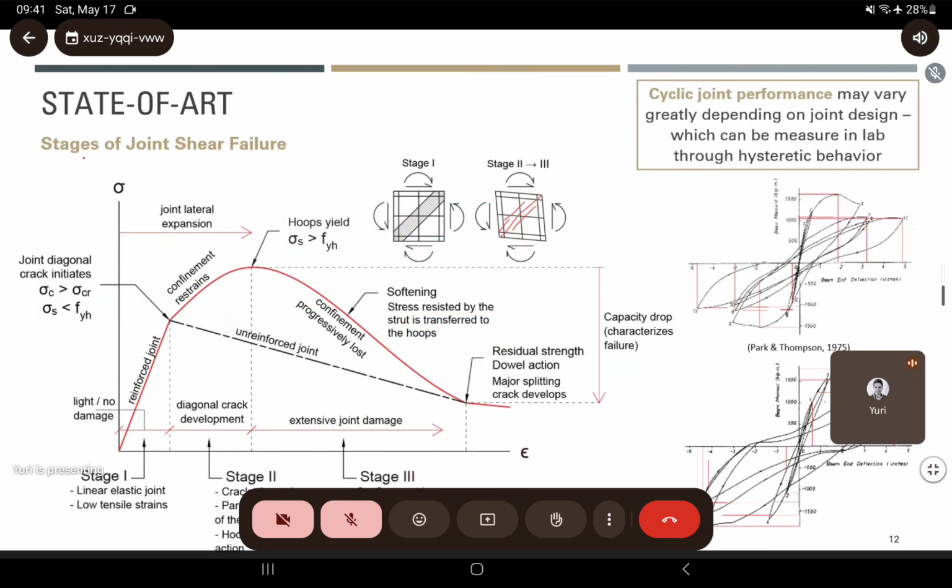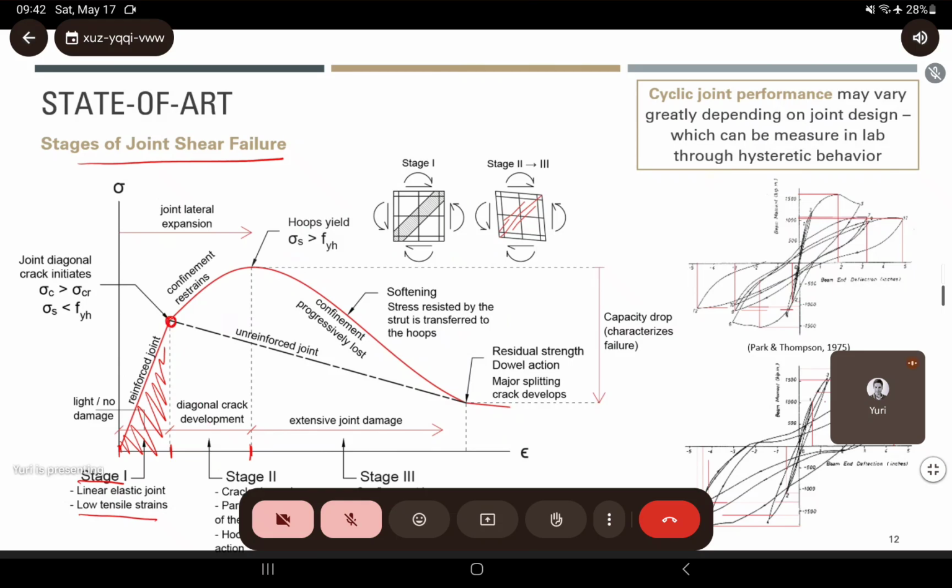Speaking still about the failure of the joint, we actually have three main stages that are very easily seen throughout the performance of the joints. You have an initial state called stage one, where you have the joint working under elastic conditions.